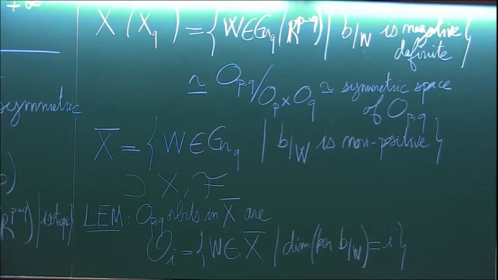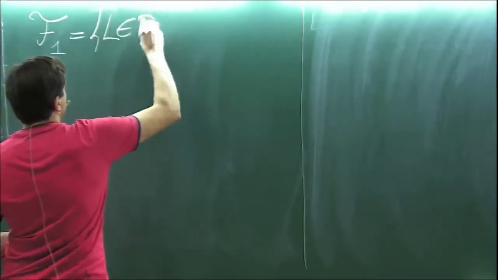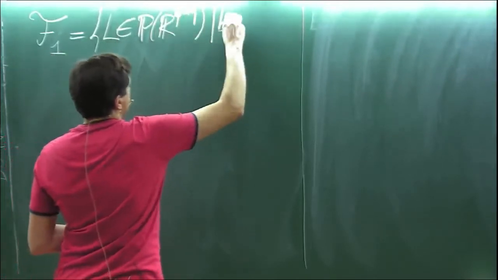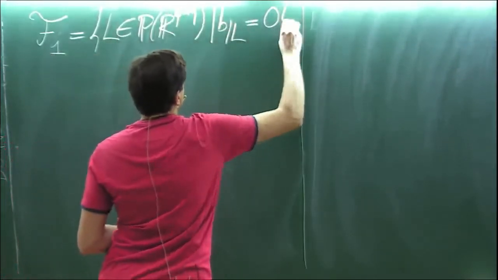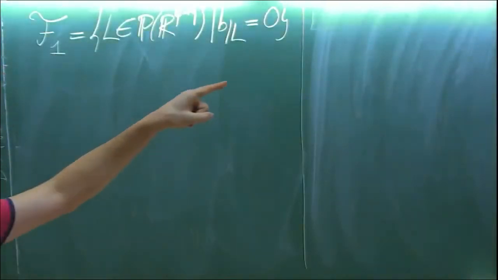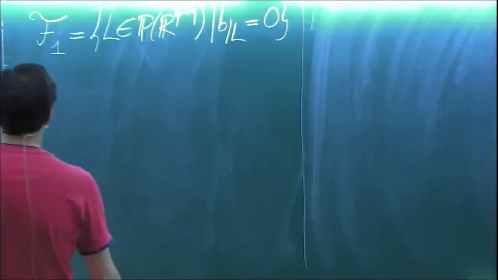I have the limit set of an Anosov representation, which is a part of F_1, that is the lines in the projective space that are isotropic. And to every subset in F_1, I will associate subspaces in F and X bar.